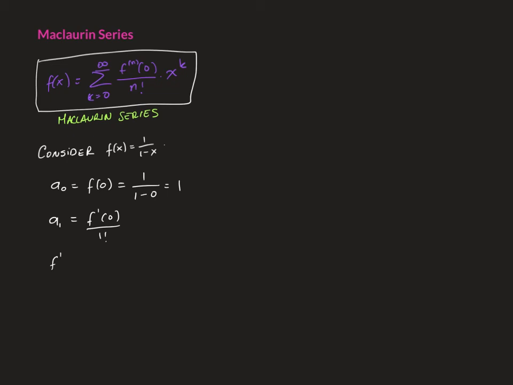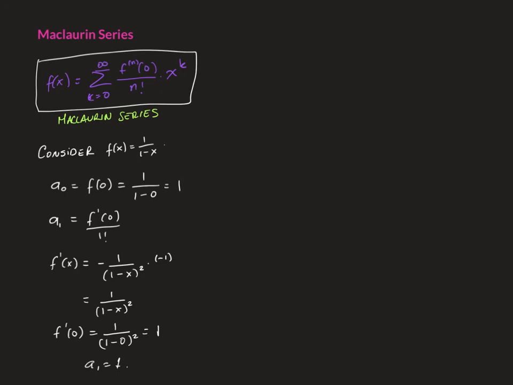And the derivative is -1 over 1 minus x, everything squared, times, because of the chain rule, the derivative of 1 minus x, which is -1. So my first derivative is 1 over 1 minus x squared. When I evaluate it at 0, I get 1 over 1 minus 0, everything squared, and that is also equal to 1, which means that a1 is also equal to 1.